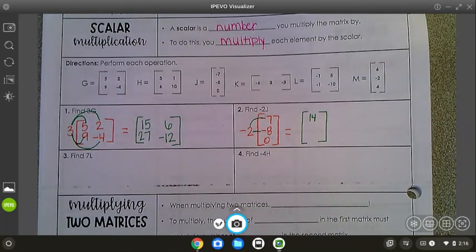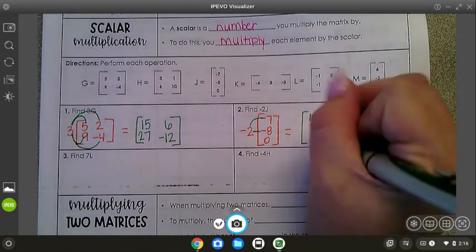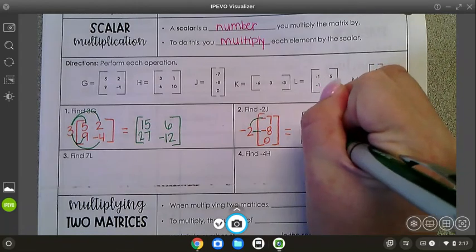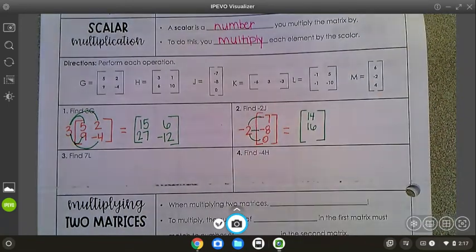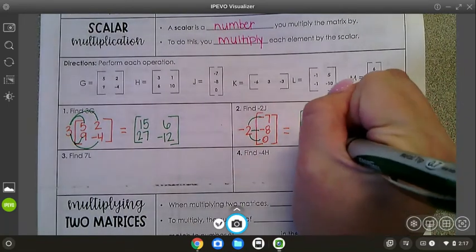Negative 2 times negative 8 is 16. And negative 2 times 0 is 0.